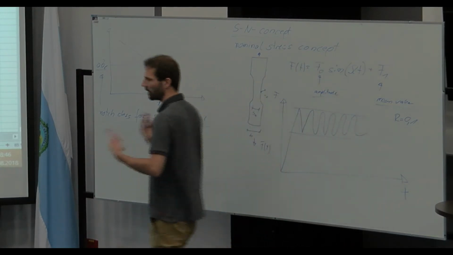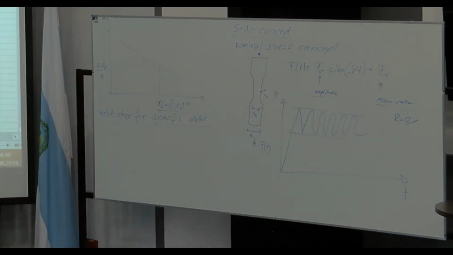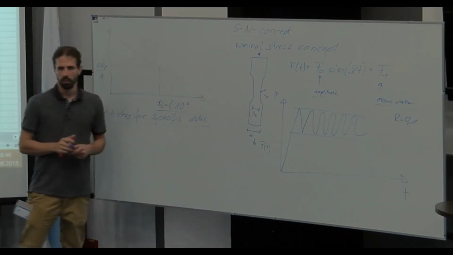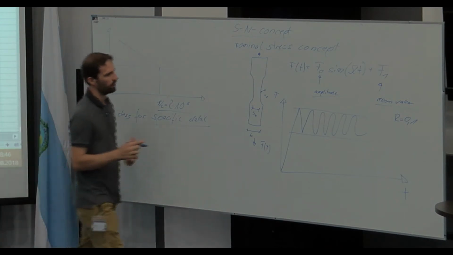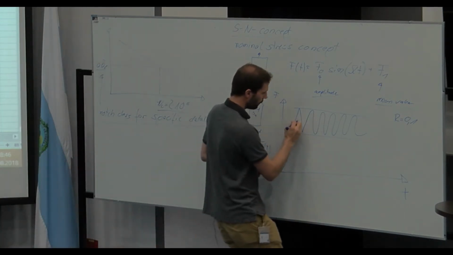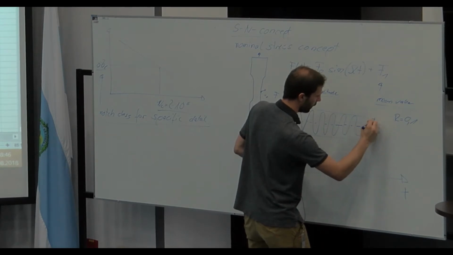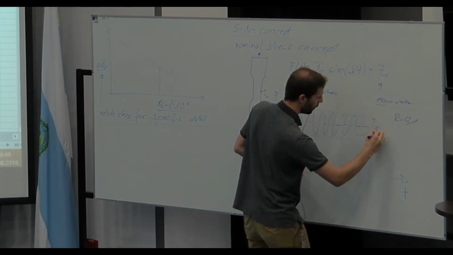At the beginning, we just have to apply this testing procedure onto our specimen with our defined mean value level F0, and here F1.